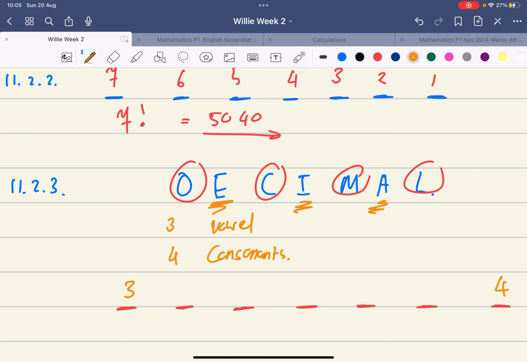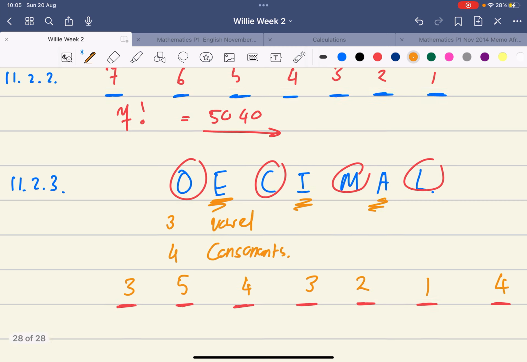So that just leaves the remaining letters in between. We've taken out 2 of the 7 letters, which means that we have 5 letters left to choose from, and because there's no repetition allowed, we have 5 options for the second, 4 options for the third, 3 for the fourth, 2 for the fifth, and 1 for the sixth.